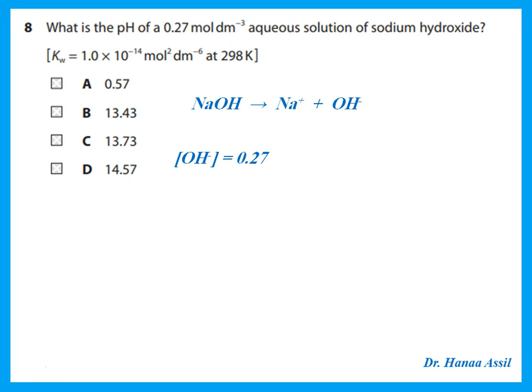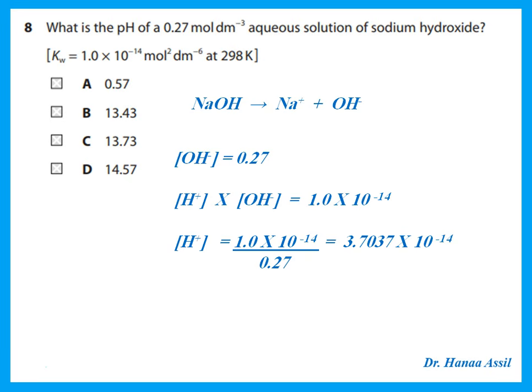Now, from that, I can get the concentration of H plus, because I know that H plus times OH minus will give the Kw. So from the concentration of H plus ions, I can get the pH. The pH is minus log concentration of H plus ions. So this gives me a pH of 13.43.